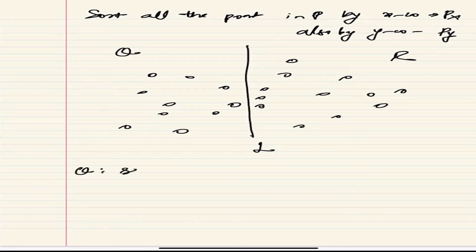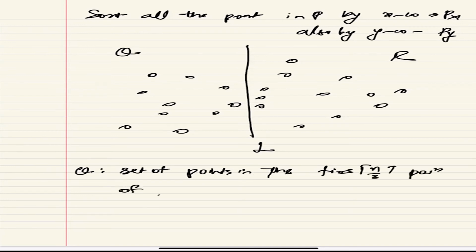Q is the set of points in the first n/2 positions of the list. Here I am dividing them as per their x coordinates, so in the list Px, Q is the left half.